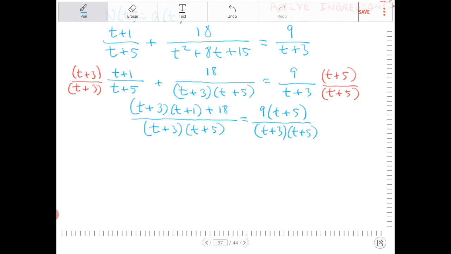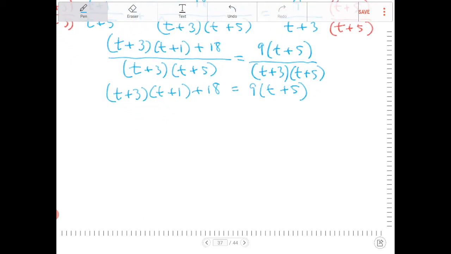Because I have the same denominator both on the left and right, I can just cancel them. So I have t plus 3, t plus 1, plus 18 is equal to 9 times t plus 5.